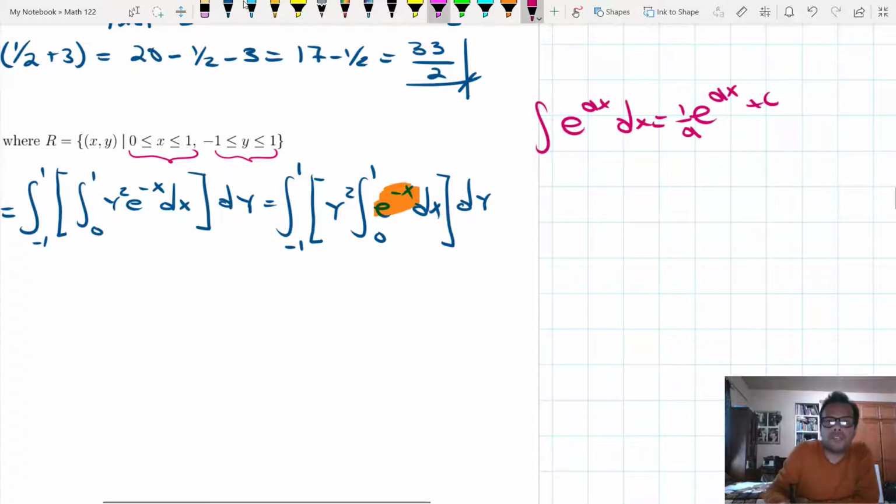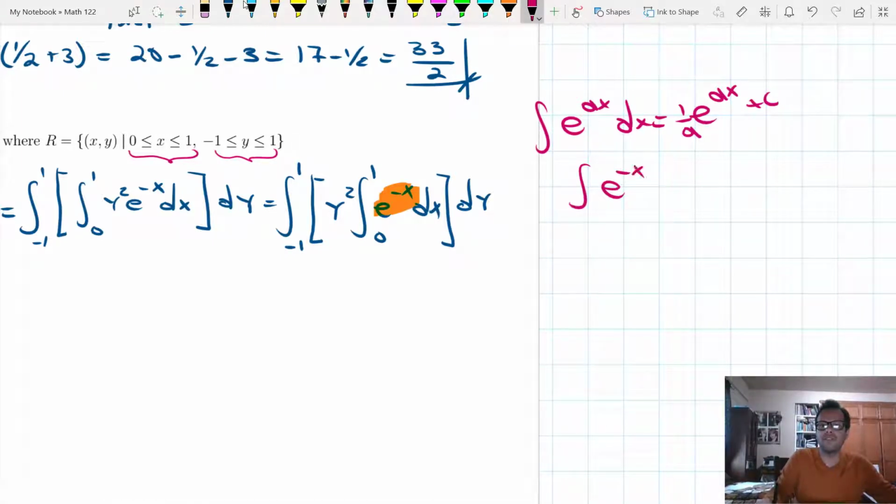However, what I want you to see is that we are going to divide by the quantity that multiplies the x. In this case, let me do it on the side, the integral of e to the negative x dx equals 1 over negative 1 times e to the negative x, plus c.